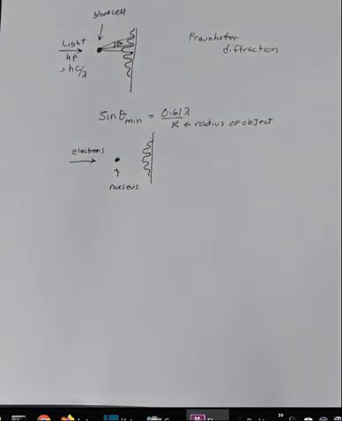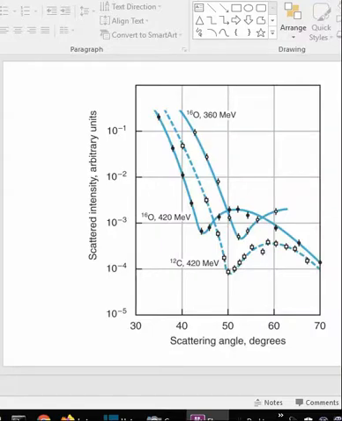Let me show you a graph. So these are some studies done in 1956 from the Reviews of Modern Physics. The author is Hofstadter.